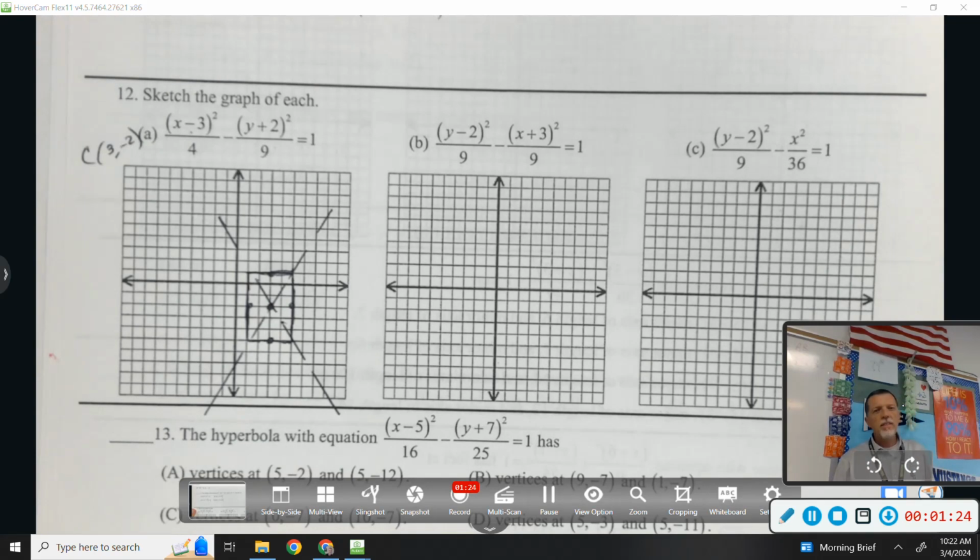And then, is this a left and right hyperbola or an up and down hyperbola? And how do you know? Why is it left and right? Because x comes first. For a hyperbola, what comes first matters. For an ellipse, what's bigger matters.